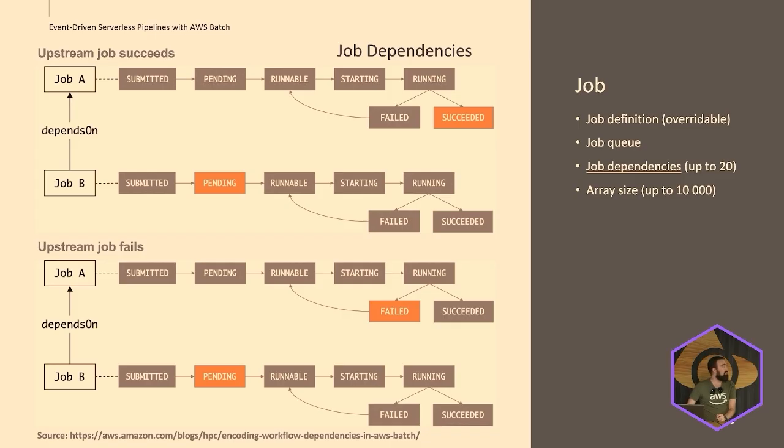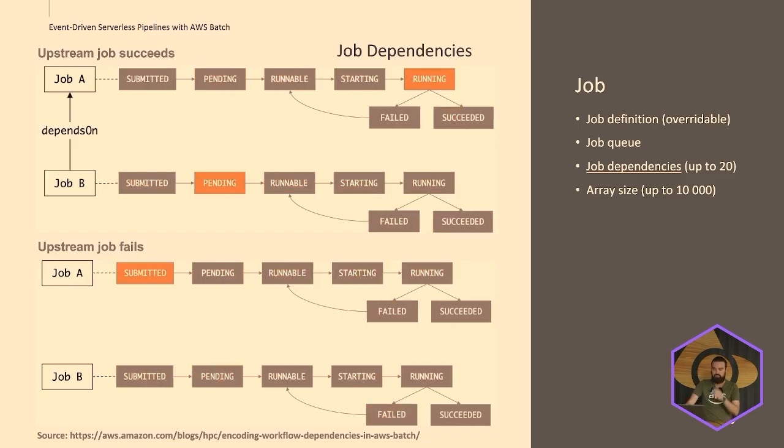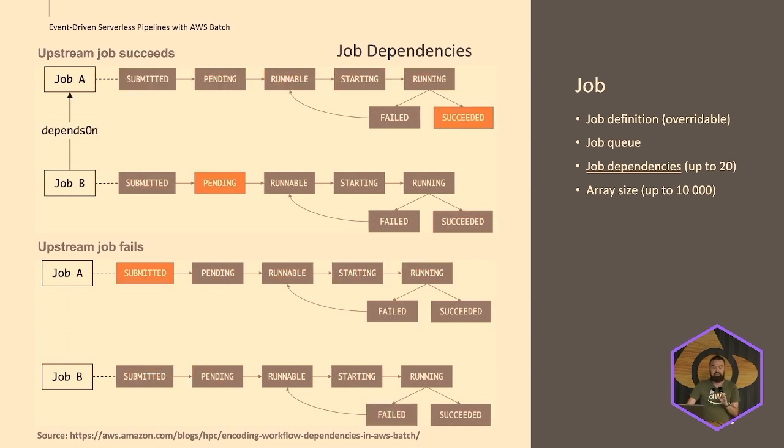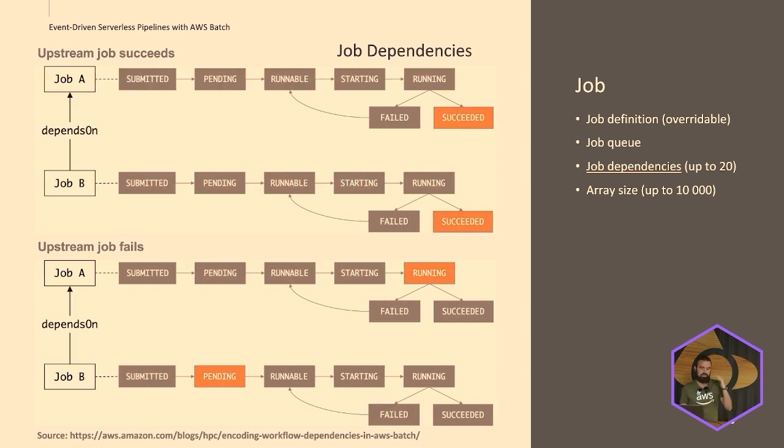Now we're getting to some diagrams to show you what it looks like. So I mentioned before, job dependencies is a thing with Batch. You can have up to 20 jobs depending on each other. And I know it's a lot of things to look at at the same time, but let's just focus on the top diagram first. You can see in the top diagram, it's a scenario where the upstream job succeeds.